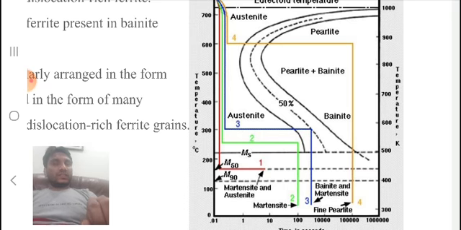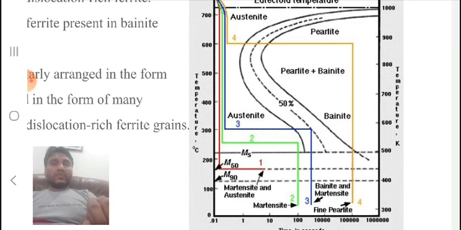So between 723 and 650 degrees centigrade we get coarse perlite and fine perlite, then at 650 degrees centigrade sorbite, and at 600 degrees centigrade trustite.